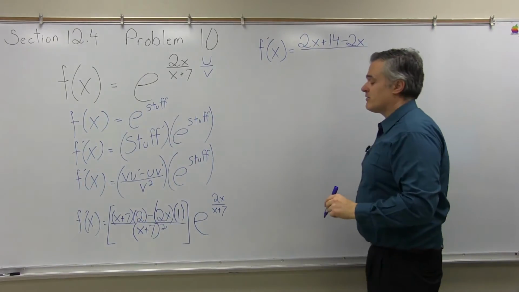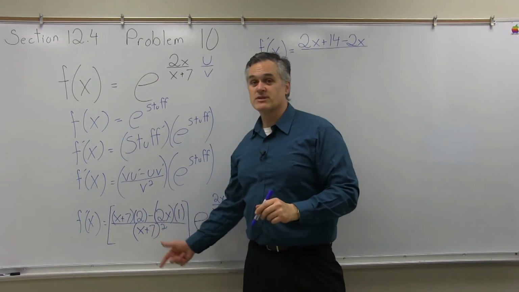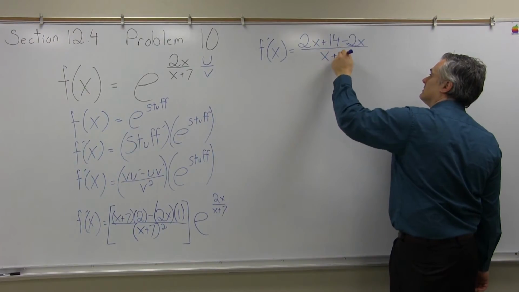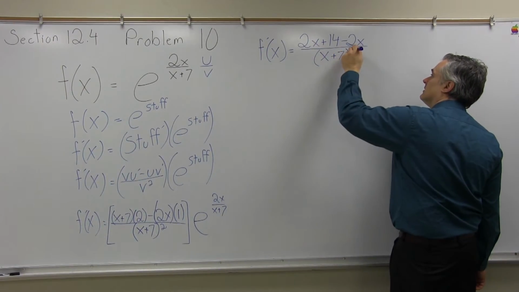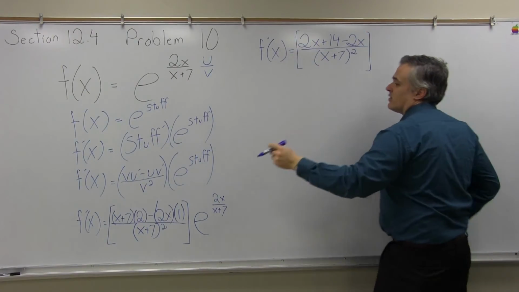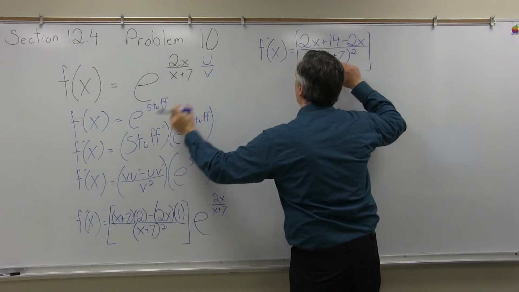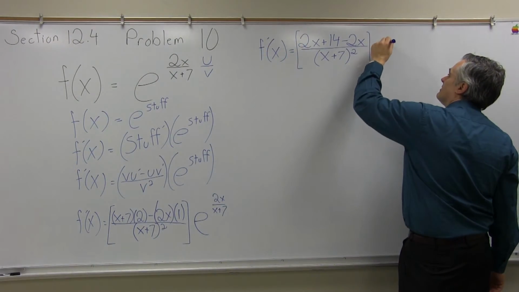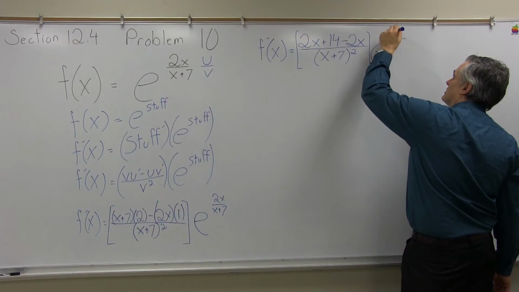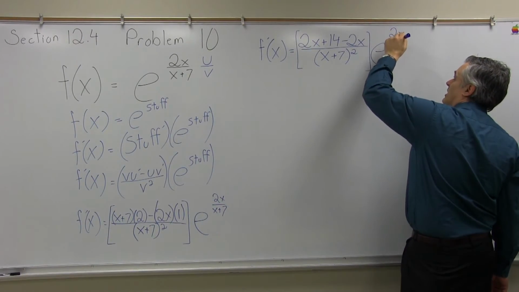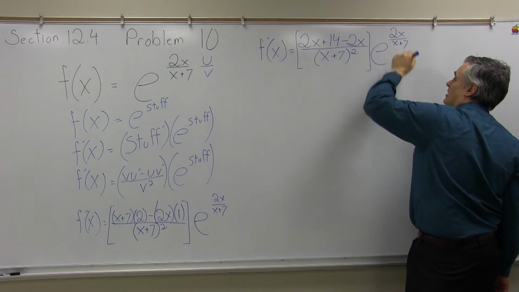And in the denominator of my quotient rule, I have x plus 7 in parentheses raised to the second power. And again, all of this is stuff prime, what I got from my quotient rule. And it's still times e to the stuff next to it. So the stuff is the fraction or quotient with the 2x on the top of the quotient and the x plus 7 in the denominator.